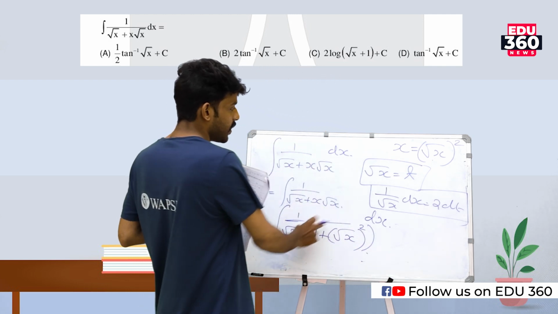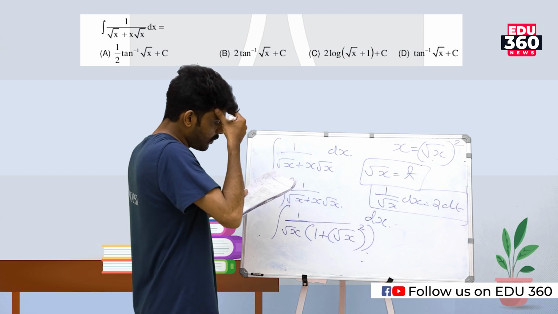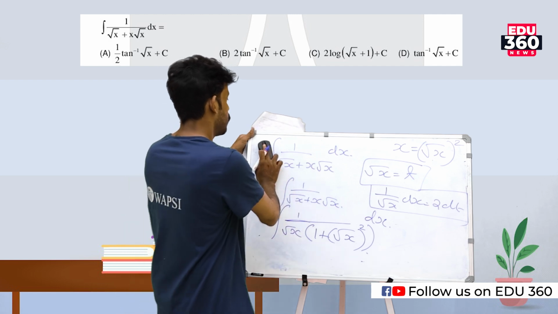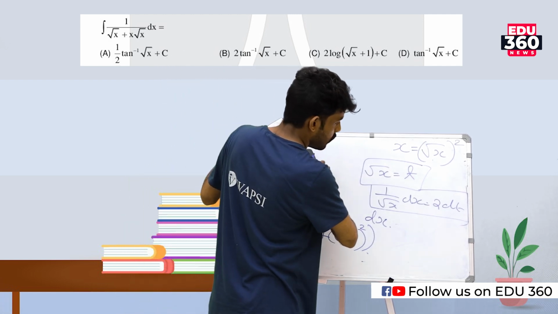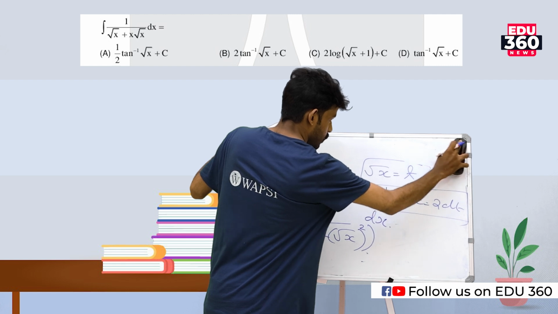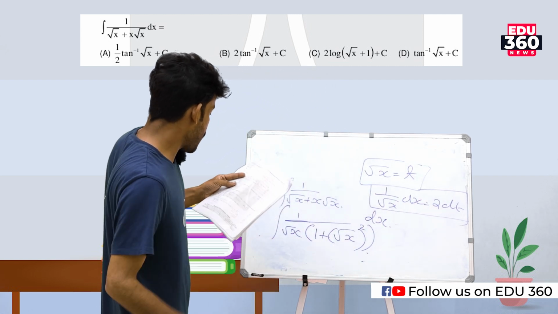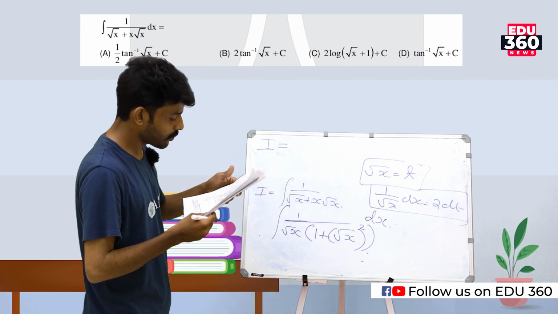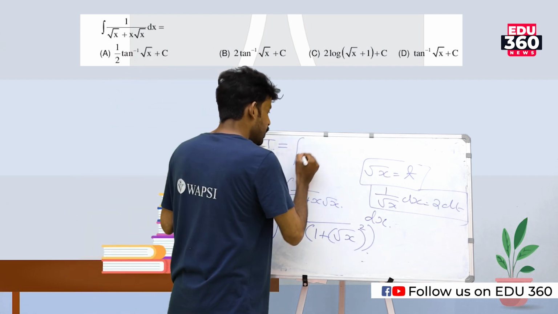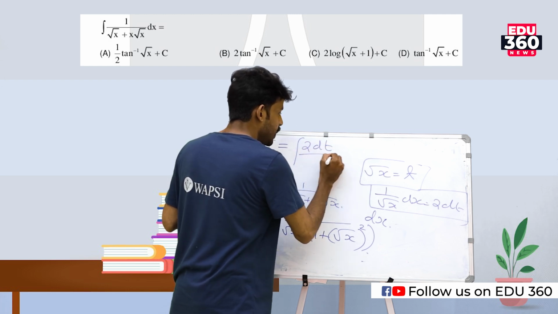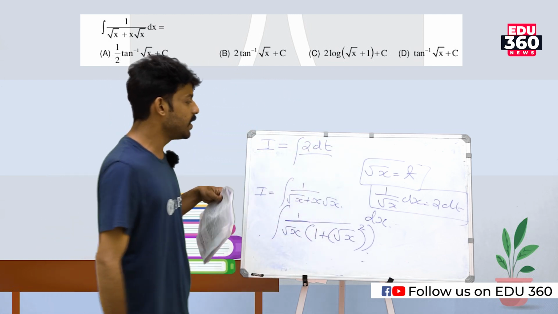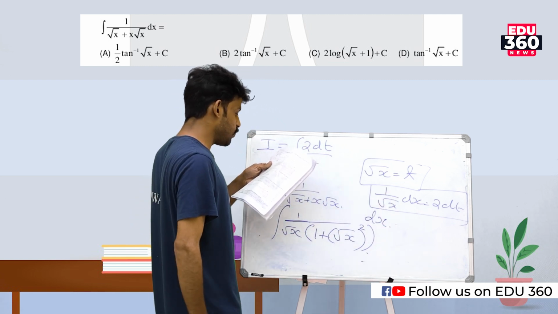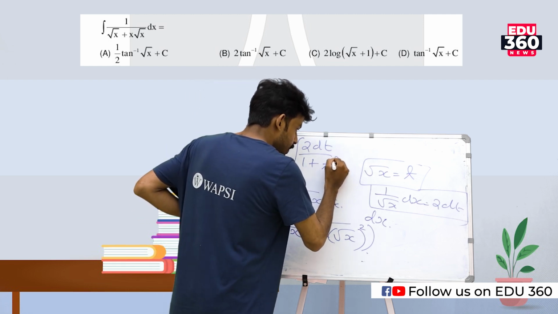So in the next step we can write I is equal to the integral of 2 dt divided by 1 plus root x the whole square, which means 1 plus t square.